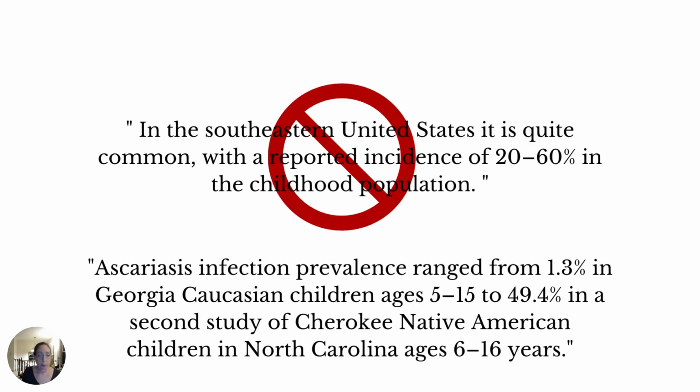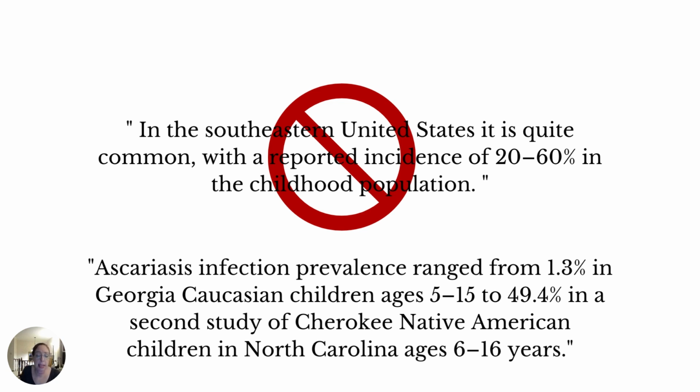So the quote here on the top was from the textbooks. The quote here on the bottom is actually from the Rockefeller Sanitary Commission. Now, understand that this was at the height of the worm infections. And it says that ascariasis infection prevalence ranged from 1.3% in Georgia Caucasian children ages 5 to 15 to 49.4% in a second study of Cherokee Native American children in North Carolina ages 6 to 16.